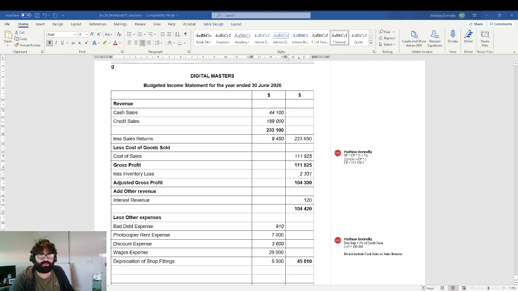So 111,825 minus 2331 gives us 109,494. Then you add the 120 into that, and it becomes 109,614.